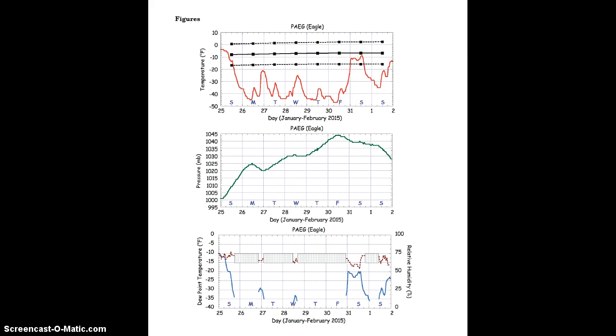The temperatures of January and February, as you can see, started off at about average, and for most part of the week it was lower than average, and then it went up to about average, and then it fell and then started to go up on the second day of February.